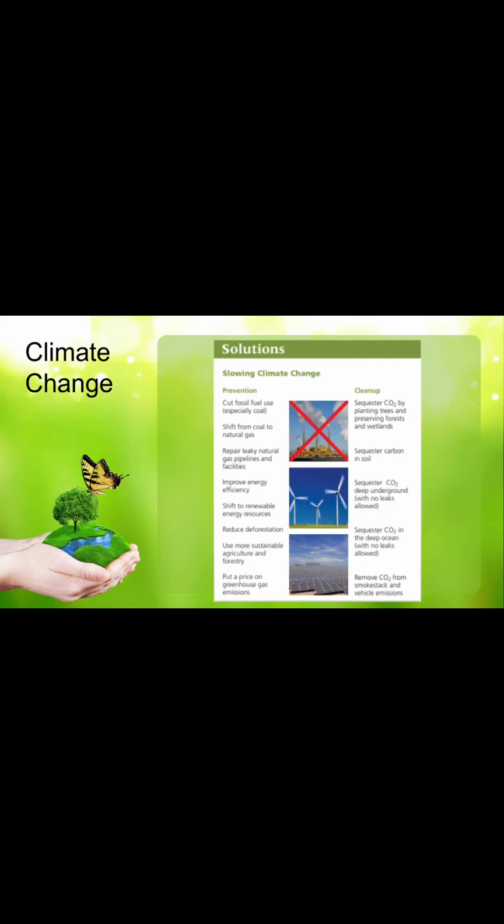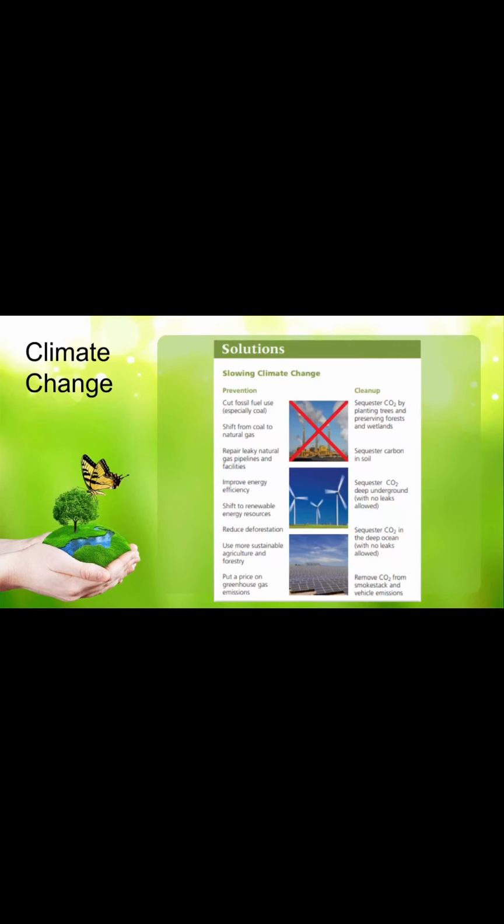Solutions include prevention: cut fossil fuel use, shift from coal to natural gas, repair leaky natural gas pipelines and facilities, improve energy efficiency, shift to renewable energy resources, reduce deforestation, use more sustainable agriculture and forestry, and put a price on greenhouse gas emissions.